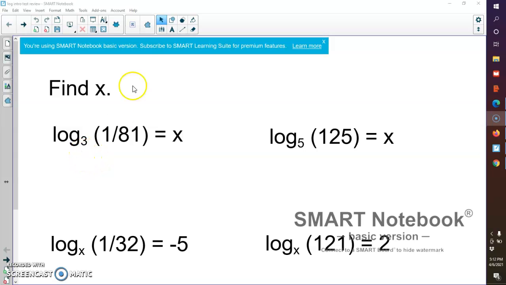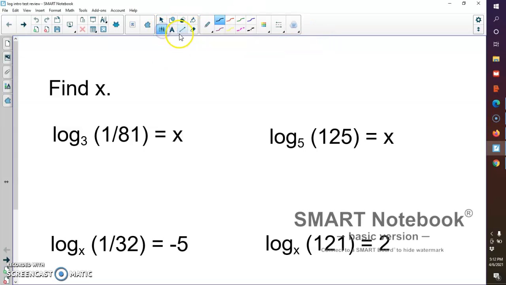All right, guys, to start off, remember, for your review for your test, it's a set process here. Where this raised to this equals this. So what does that mean for us?